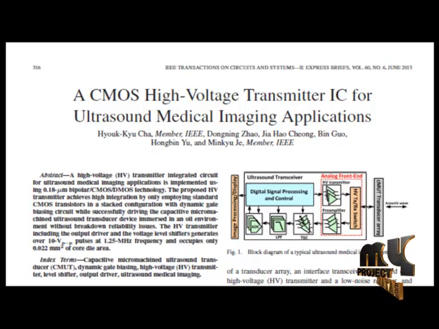Capacitive micromachined ultrasound transducers (CMUTs) recently emerged for better system integration. CMOS technology offers advantages such as improved bandwidth, ease of fabricating large arrays, and potential for integration with electronics. For the transmitter, high voltage linear amplifiers are commonly used to drive the PZT load to achieve linearity and acceptable efficiency.